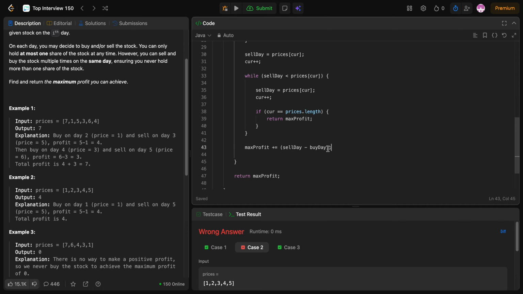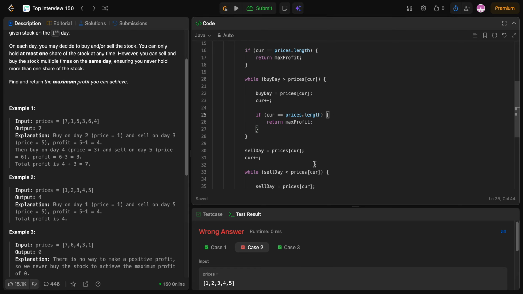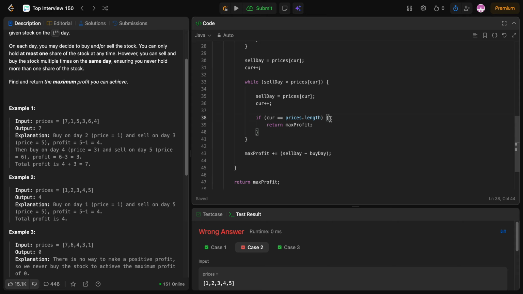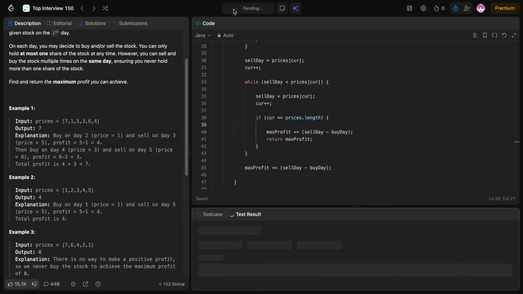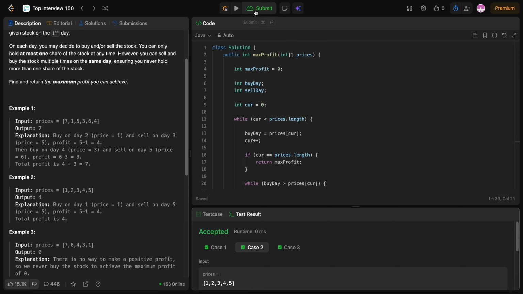I think if I just put this line here, sorry, not with buy day, but in here, if I put this line here, then even though we have reached this, we are still adding in that last sell day profit, and then we're returning. Okay, so there we go. We passed all the test cases. Now I'm going to go ahead and give it a run.